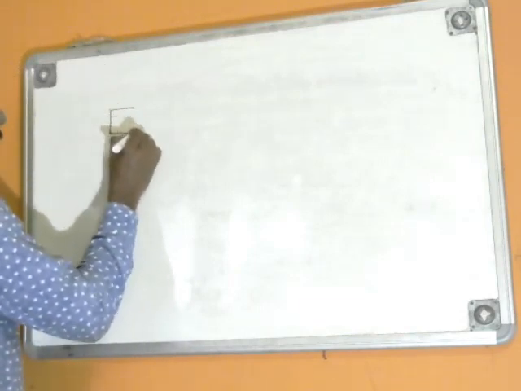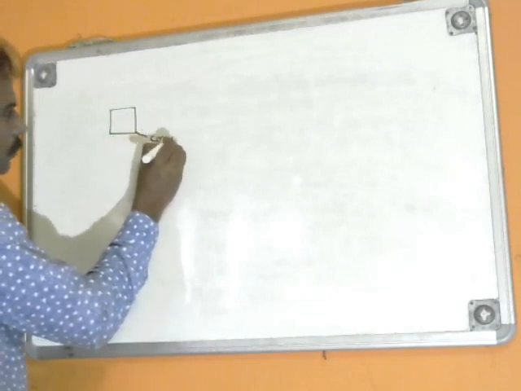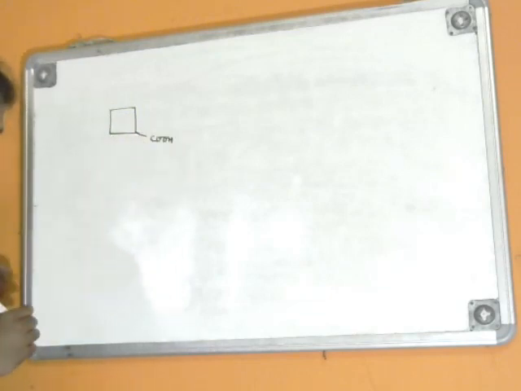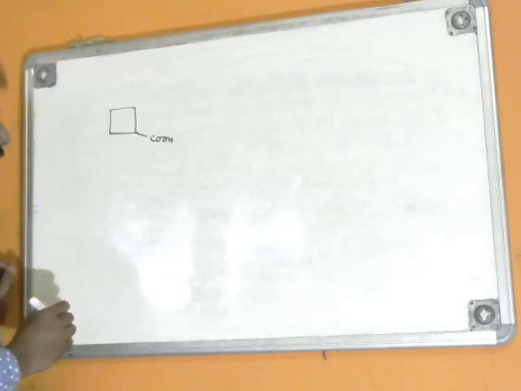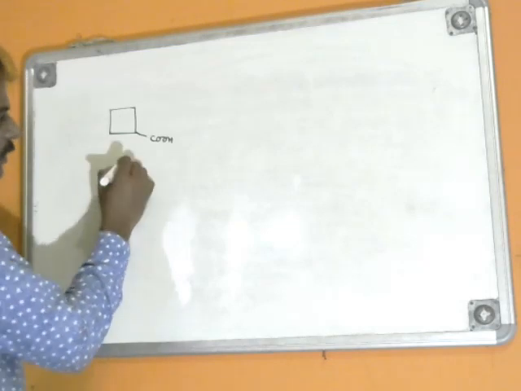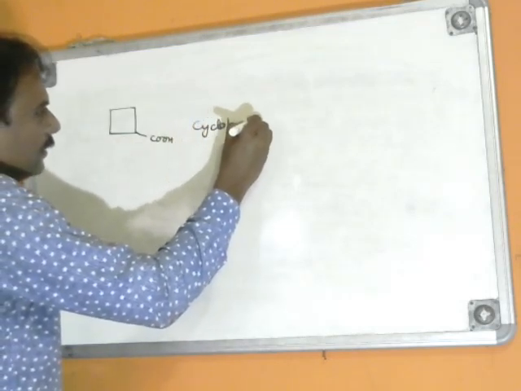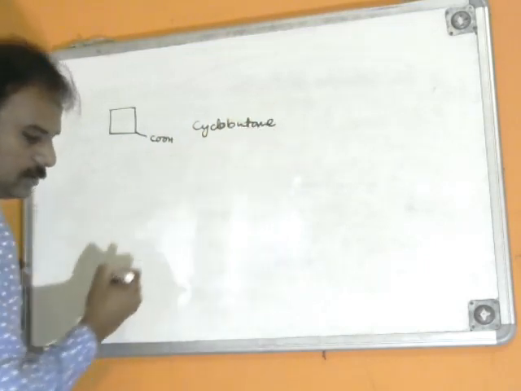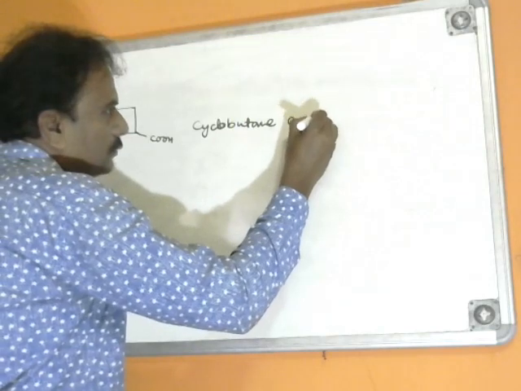Suppose the compound looks like this. What will be its name? The carbon containing the functional group is not considered with the cyclic ring. So the name will be cyclobutane carboxylic acid.